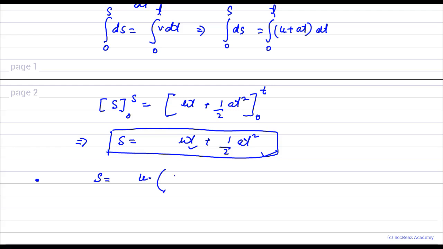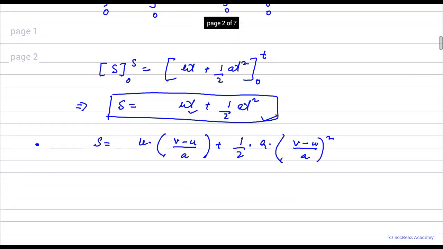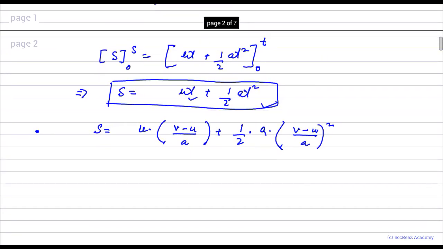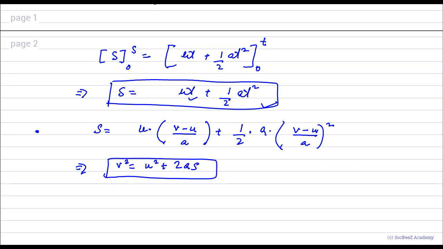So it turns out to be u into v minus u by a plus half into a into v minus u by a whole square. If I solve it, I'll get my third equation of motion as v square is equal to u square plus 2as.